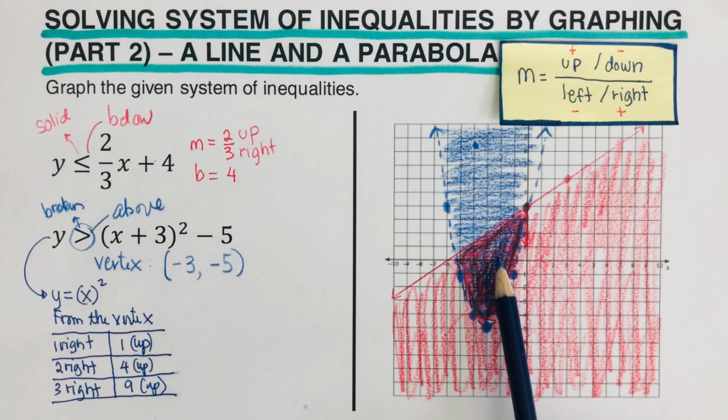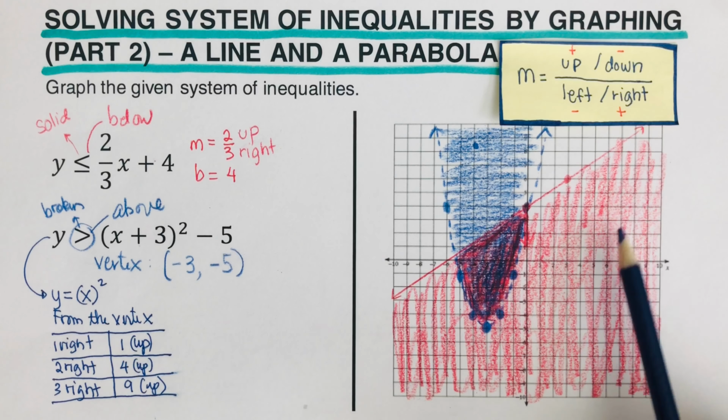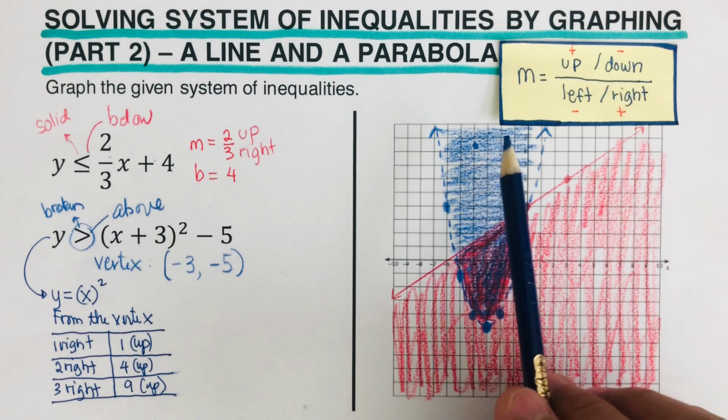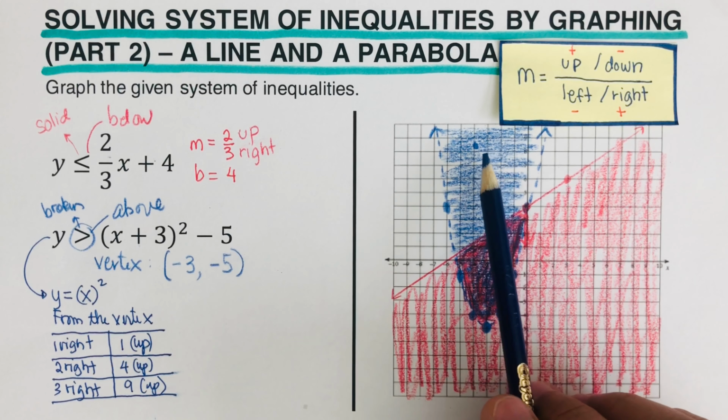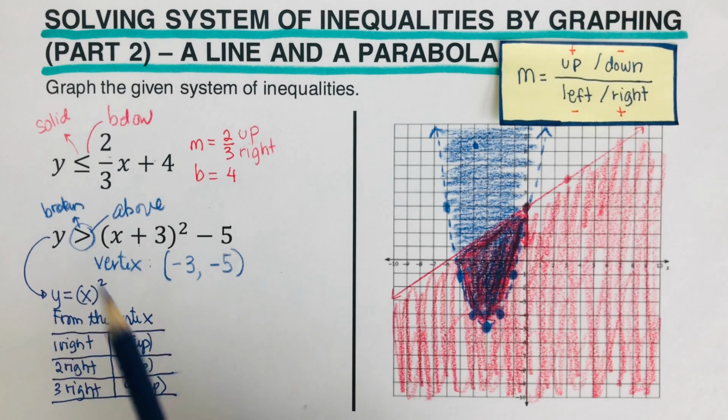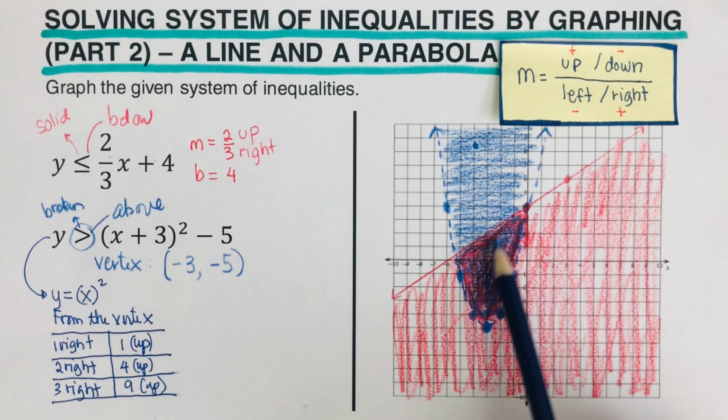So this is the solution for this system of inequalities. If we have a point that's only on the red, that is a solution to the red only. It is not the solution to the system. Now, if we have a point that is located on the blue, that's only the solution for the parabola and not for the system. So it has to be to both of them. So we go where the two colors overlap or where the two colors intersect.